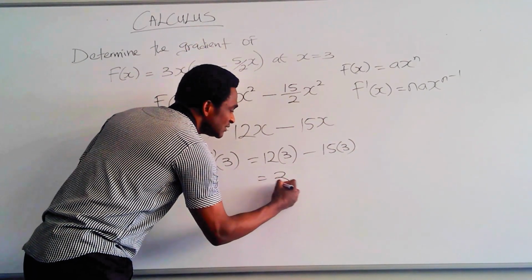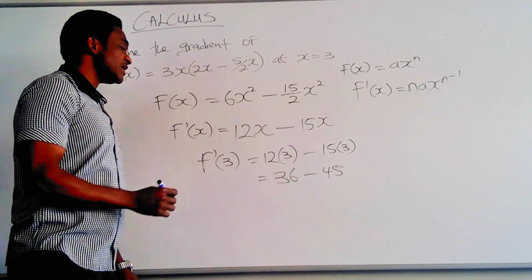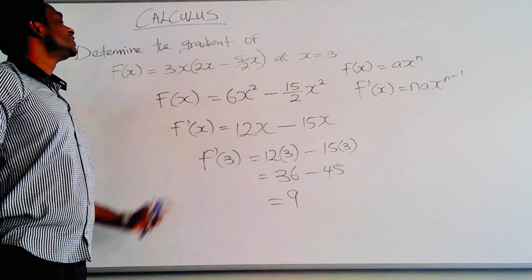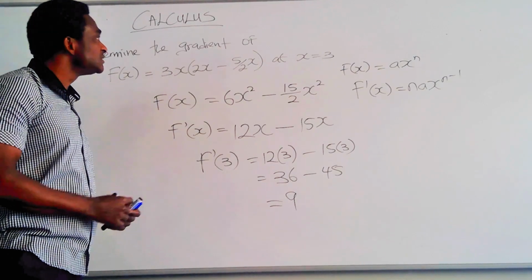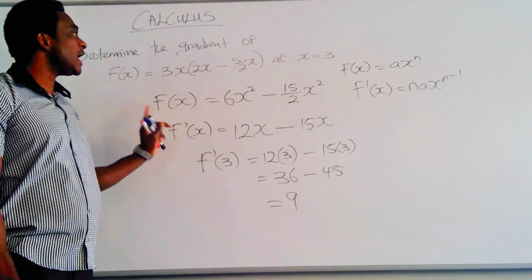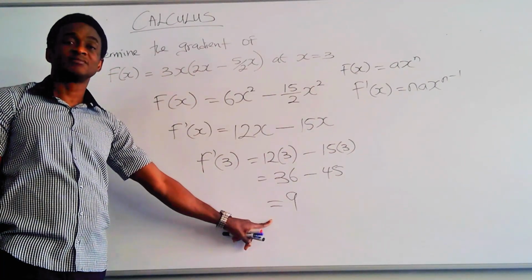This gives us 36 minus 45. So the gradient at that point, the slope or the rate of change of y with respect to x at that point, will give us minus 9.